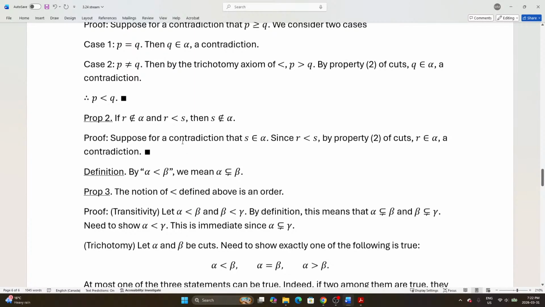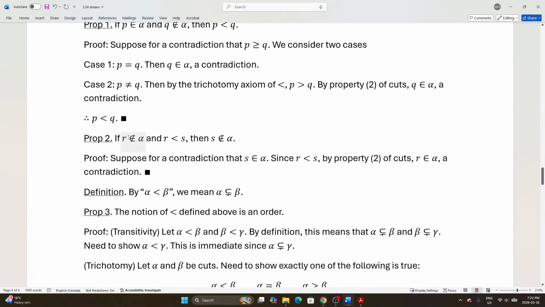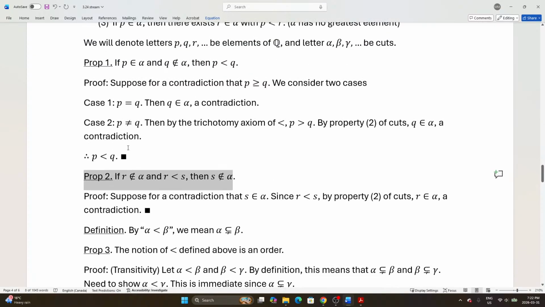The two propositions are: if R is not in alpha and R is less than S, then S is not in alpha. That's the second proposition. The first proposition says if P is in alpha and Q is not in alpha, then P is less than Q. So we were using this one.